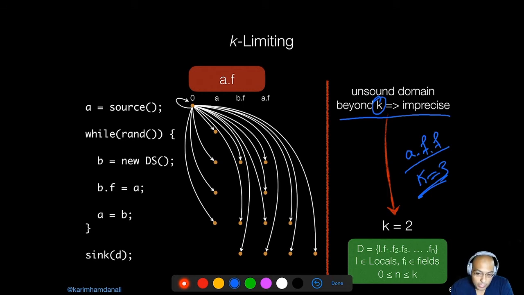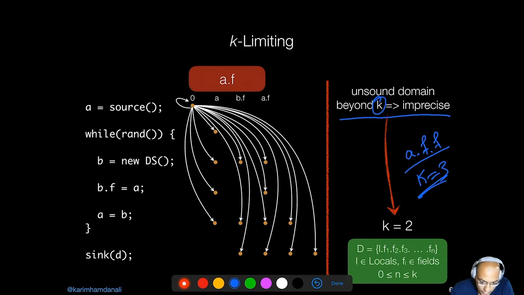So k-limiting in general is, yes, going to be imprecise, but if you apply it to a specific case where you know beforehand, before analyzing your program, the value of k that will support the longest field access you may have, you can just set your analysis to be that value.